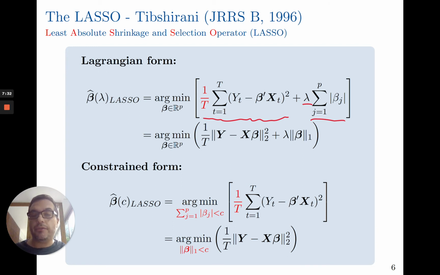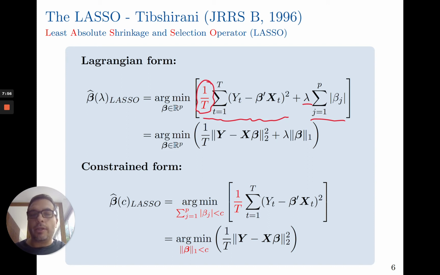The interpretation for lambda is exactly the same as we did on ridge: the larger lambda is, the more penalty we are introducing, the smaller will be the coefficients, okay? One important point is that, contrary to the ridge, we are including a 1 over T here.